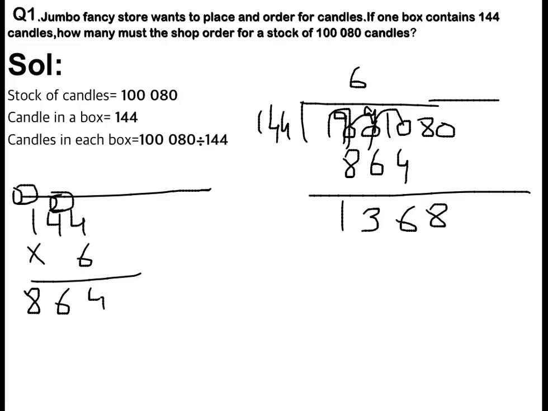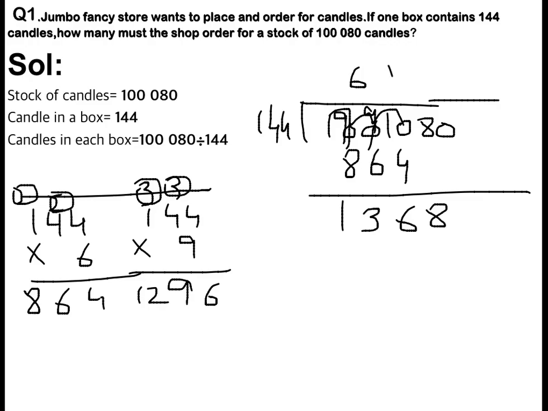The next digit is 8. Now, student, 144 multiplied by 9. 9 fours are 36. 3 carry. 9 fours are 36, 37, 38 and 39. 3 carry. 9 1 is 9, 10, 11 and 12. 1296.